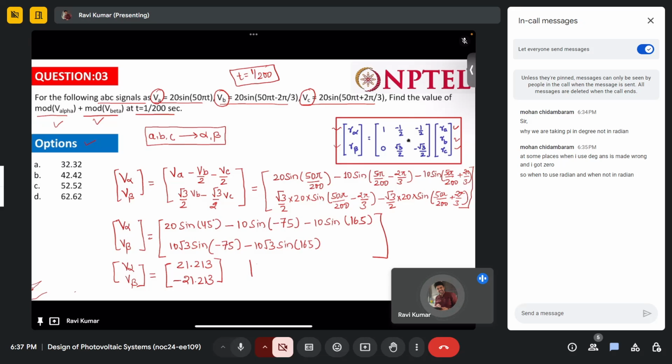So mode of V alpha plus mode of V beta equals 21.213 plus 21.213, which is coming to be 42.42.